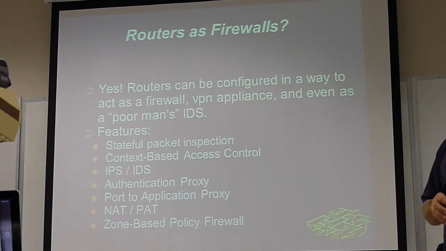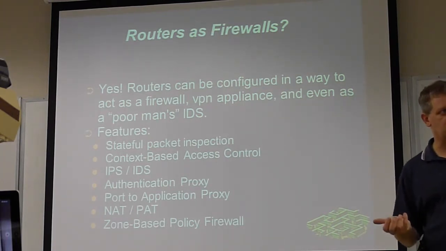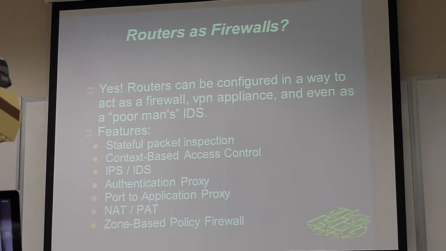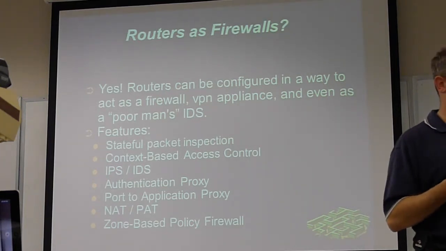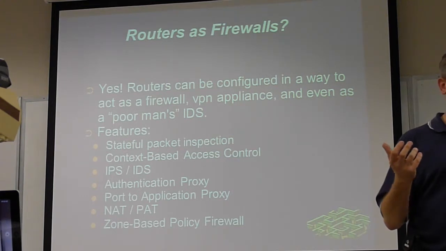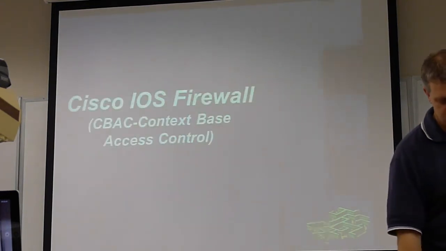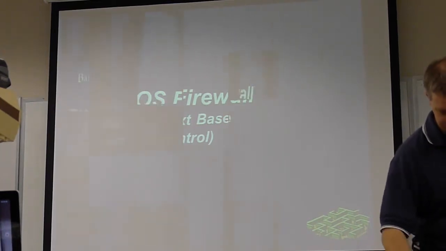It has context-based access control, intrusion prevention and intrusion detection systems, an authentication proxy and port to application proxy, which we're not going to go into too deeply, NAT and PAT, which we will talk about, and we're going to touch on zone-based policy firewall, which is nothing more than a virtual firewall or multiple routers within one router. VMware for routing, if you will.